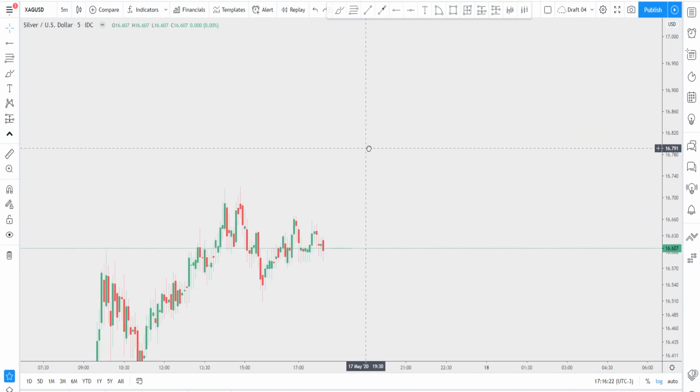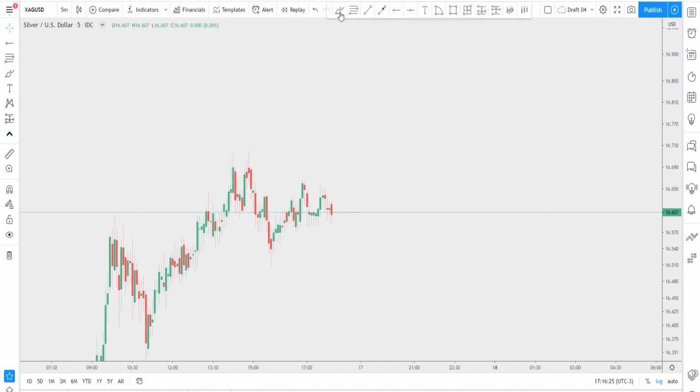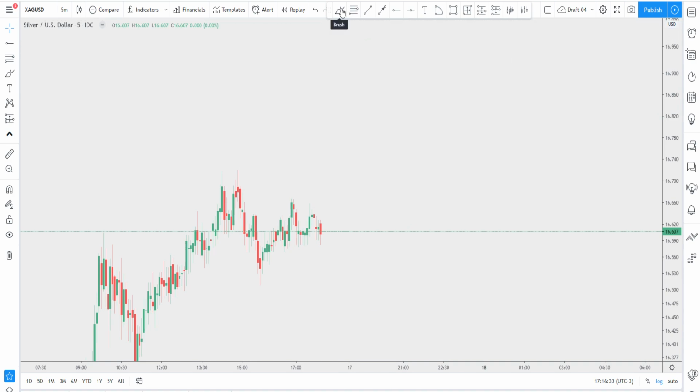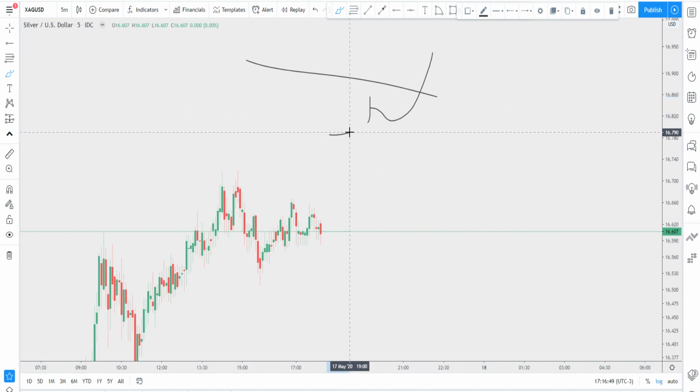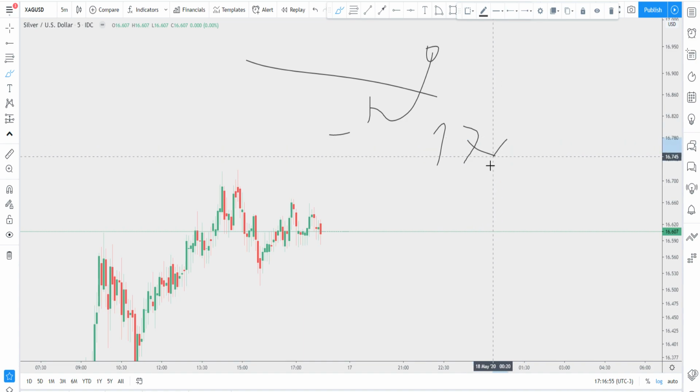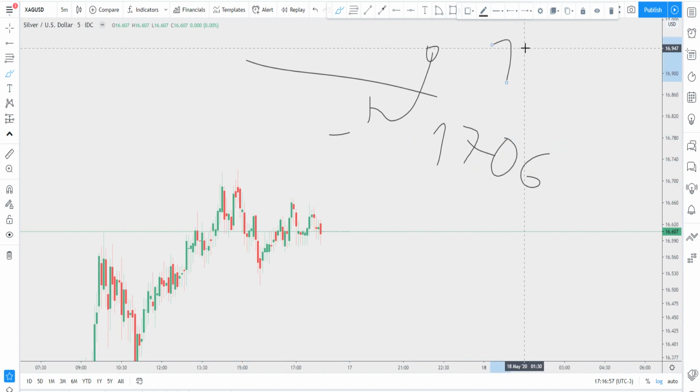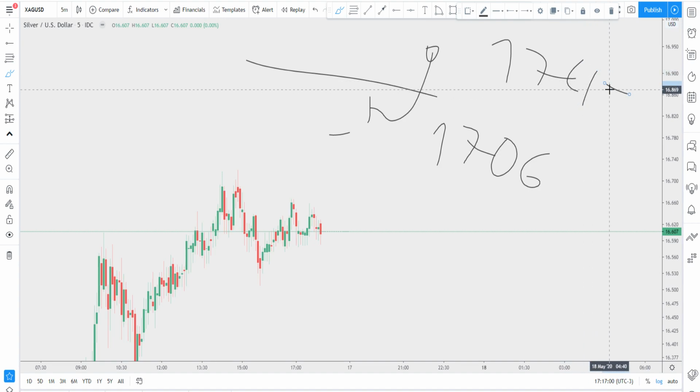We didn't choose to trade silver in the last few days because we know that gold was more aggressive, so we traded gold, and we made the same kind of trade. We went into the last leg, almost halfway through the last leg, that was our entry, and we made it to the bull break. If I'm not wrong, our entry was 1706, and right now gold is at 1745.